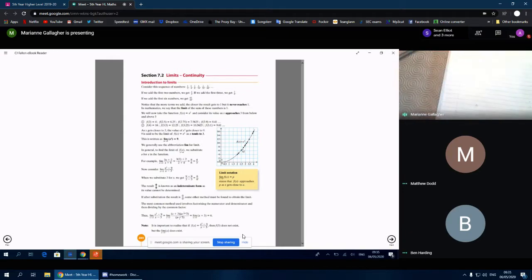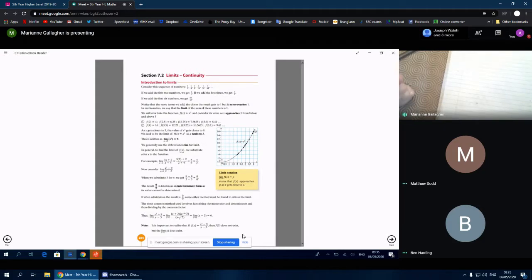So I'm moving along the graph from the left, my x value is getting closer and closer to 3, and my y value is getting closer and closer to 9. So what we say is the limit as x tends to 3 is 9. The limit of y as x gets to 3 is 9.